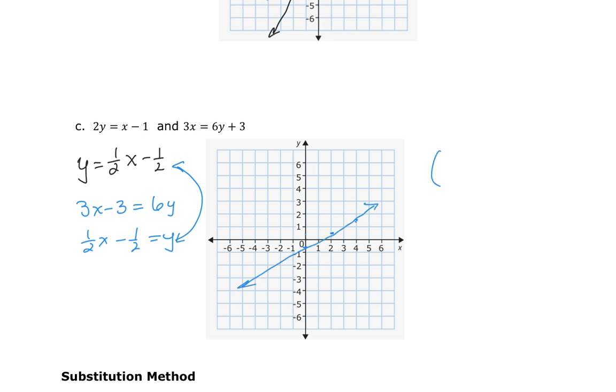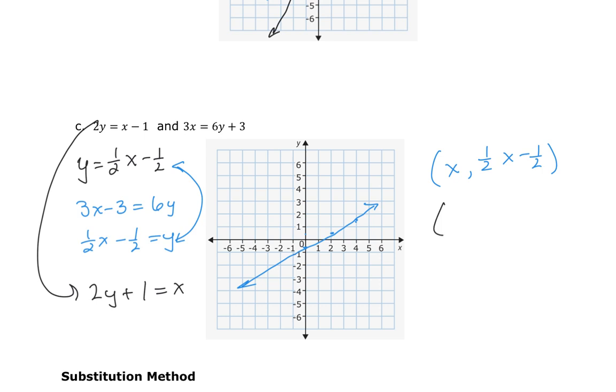And the way I would answer this is two ways. Either I'm going to write this as x and then 1/2 x minus 1/2. So I've parameterized the y value, or I could parameterize the x value in terms of y, which means I would probably take this equation right here and write this as 2y plus 1 is equal to x.